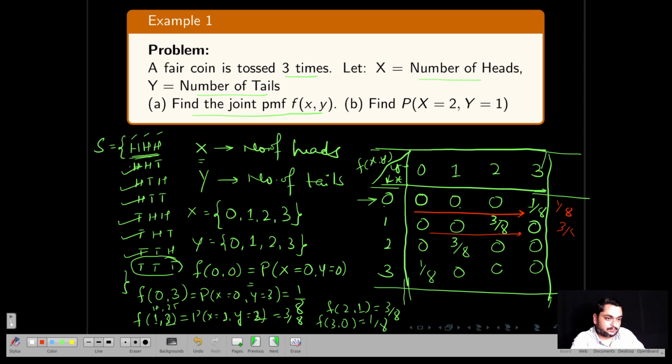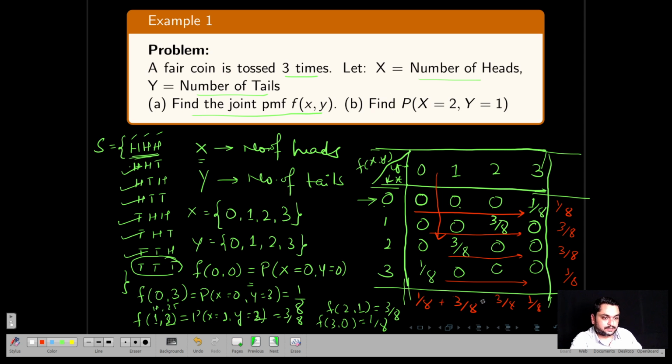Sum of all the entries here. This is also 3 by 8. Then this is 1 by 8. Add all those, okay. Now similarly for columns, this is 1 by 8, this is 3 by 8, this is also 3 by 8, this is 1 by 8.